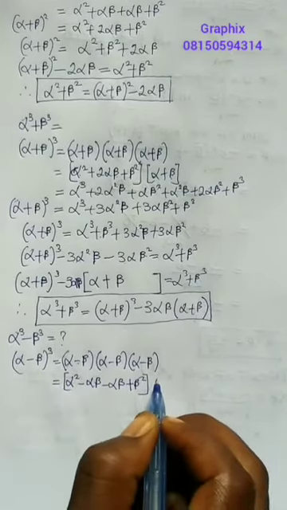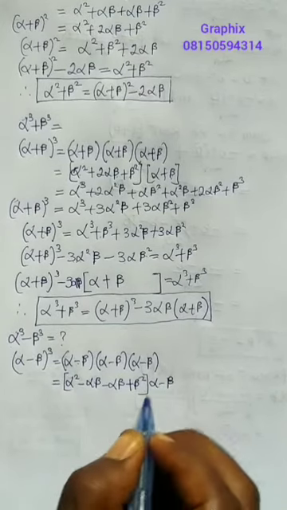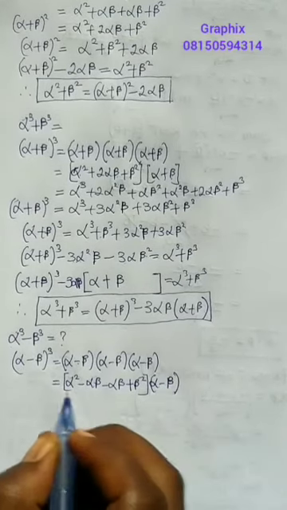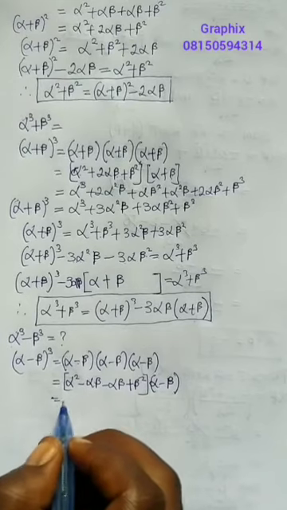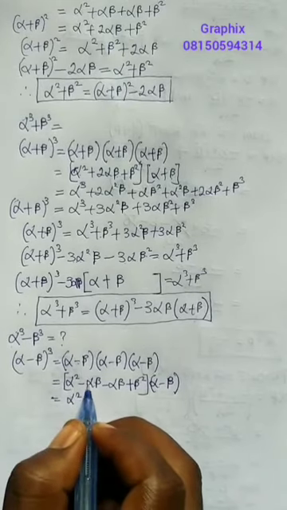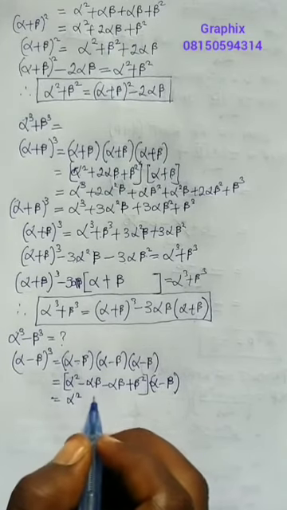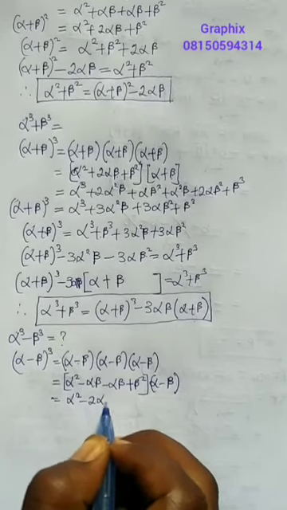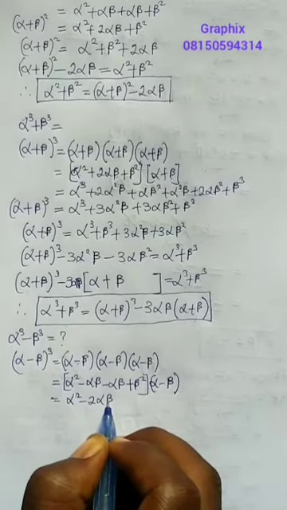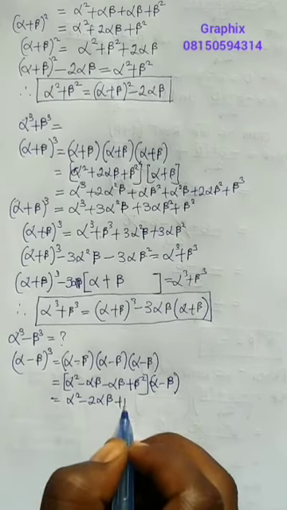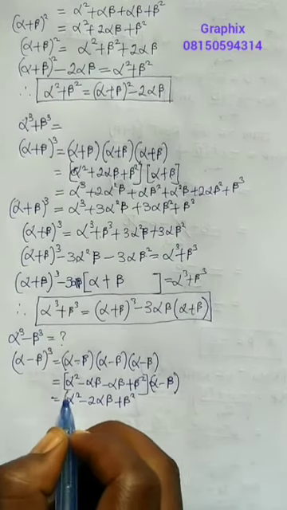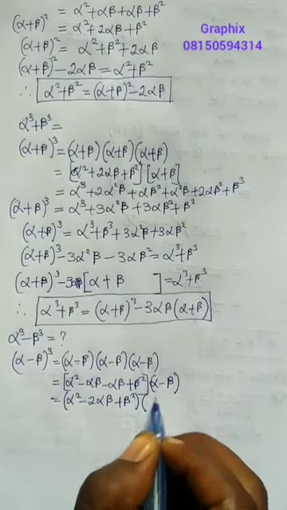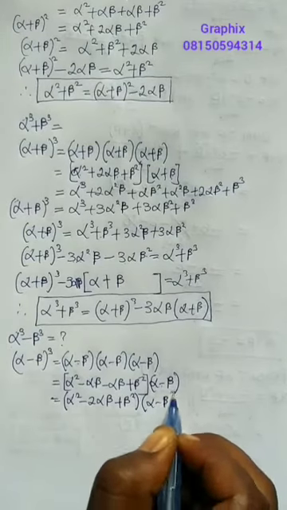So if you collect like terms, alpha squared minus 1 alpha beta minus 1 alpha beta will give you minus 2 alpha beta. Then we have plus beta squared.